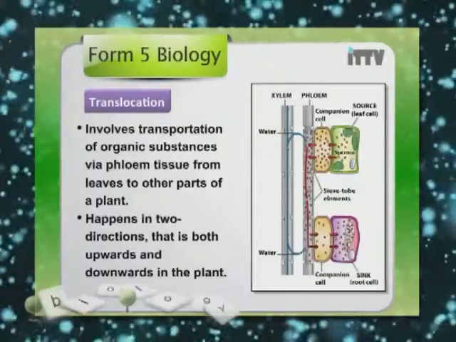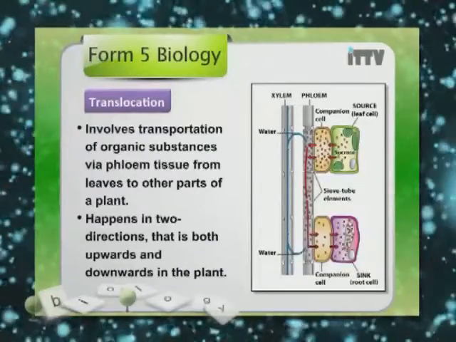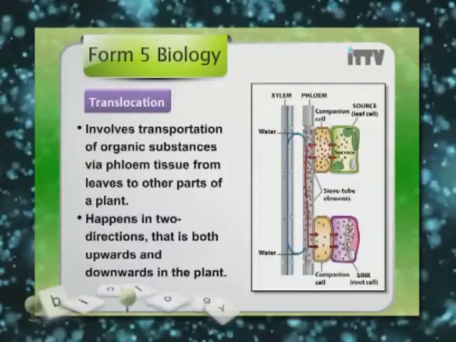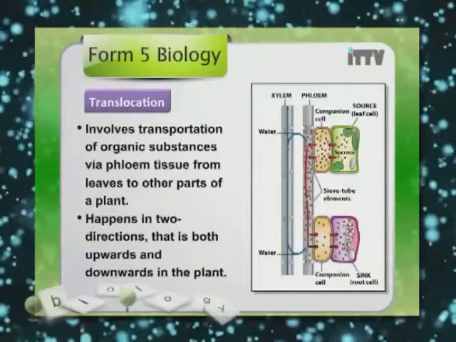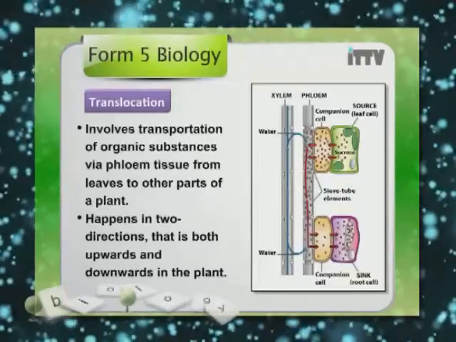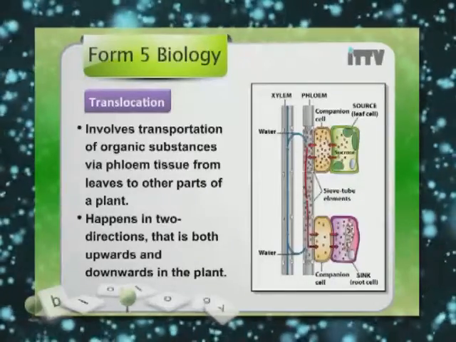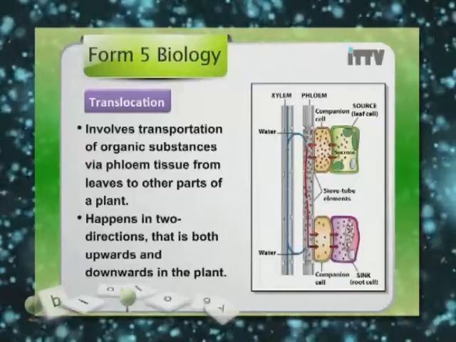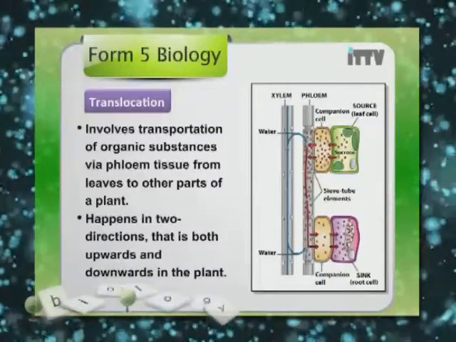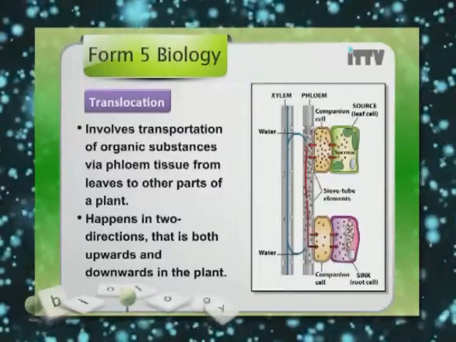As the sucrose is being synthesized in the leaf cell, it will diffuse into the companion cells, which help to facilitate the movement of sucrose into the phloem, and from the phloem, the sucrose is transported to other parts of the plant, such as to the root cell.